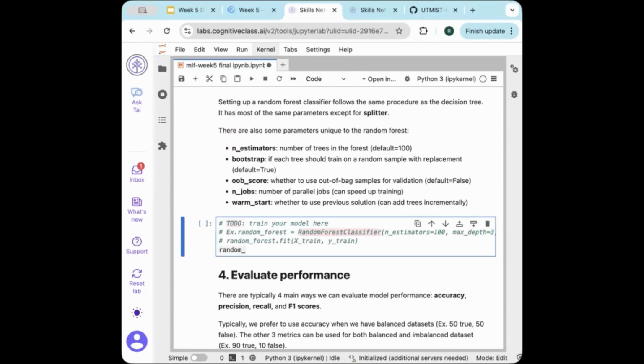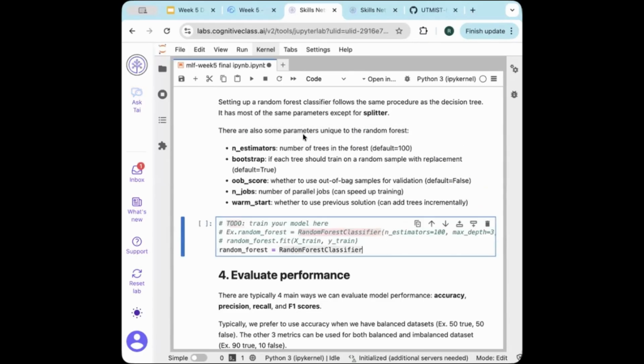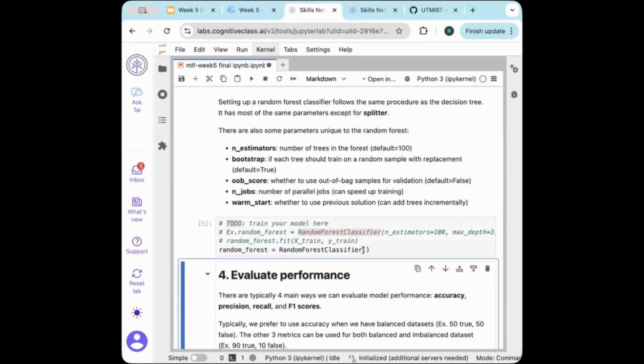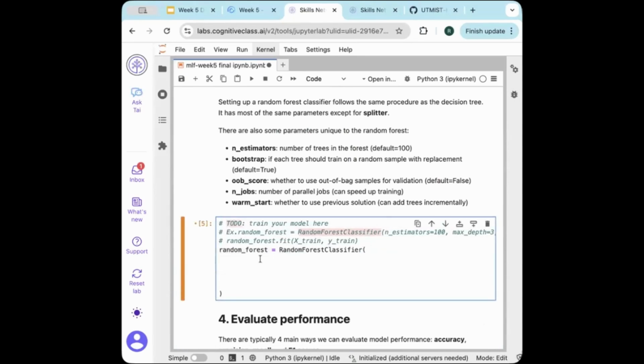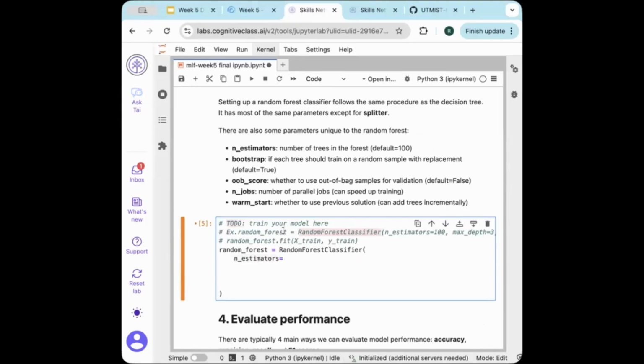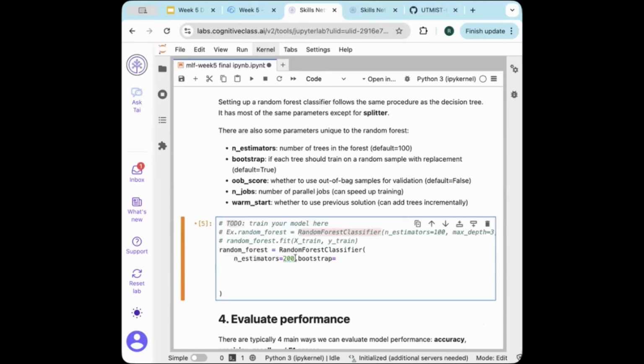I'm defining random forest as a variable, and I'm going to use the class that we imported from the library. Here are some of the hyperparameters that I'm going to use. 200 trees are going to be inside this random forest.